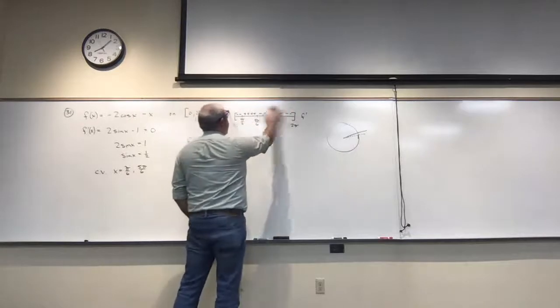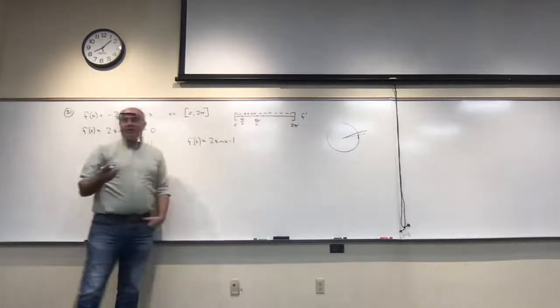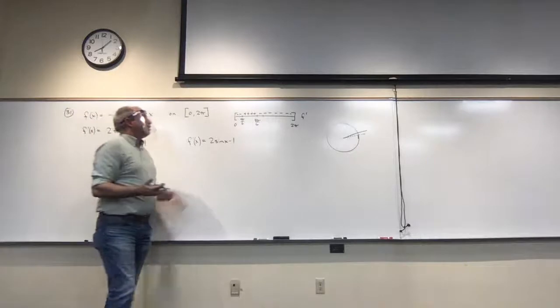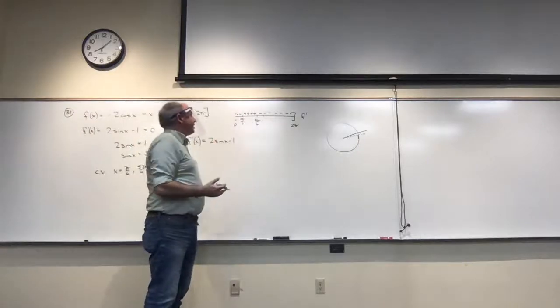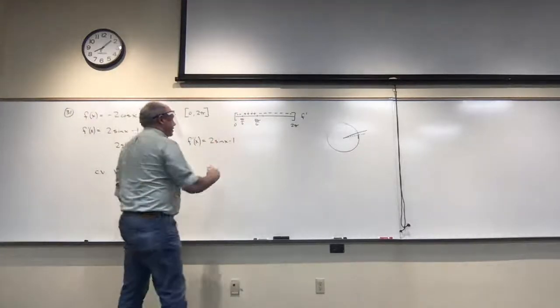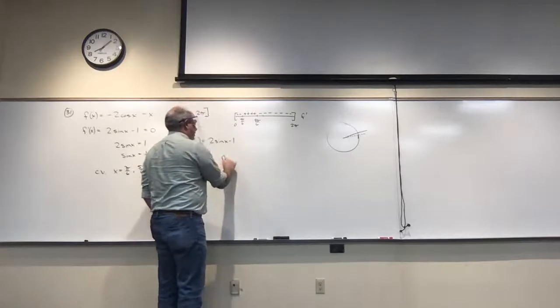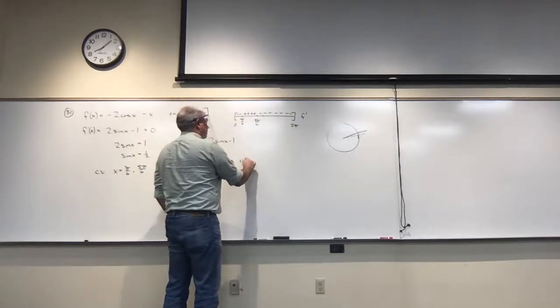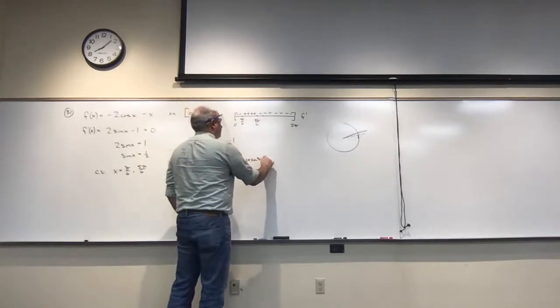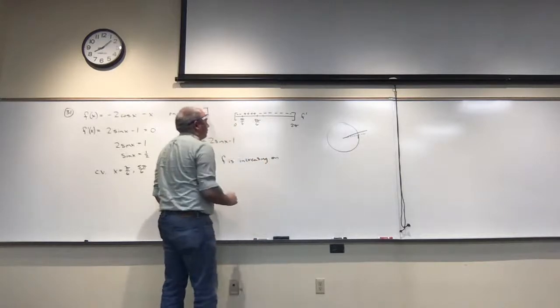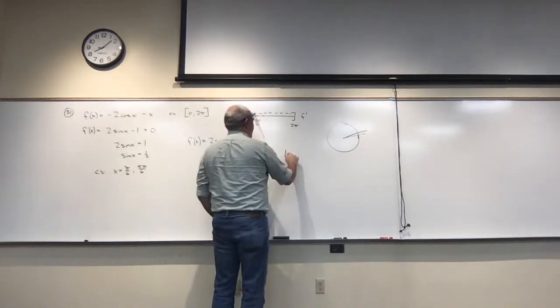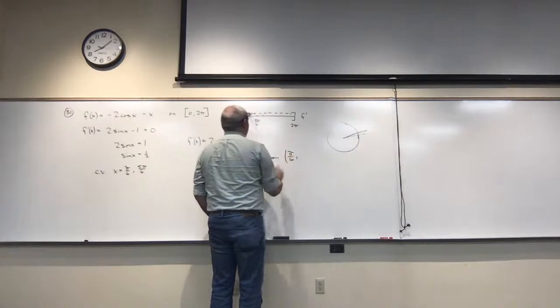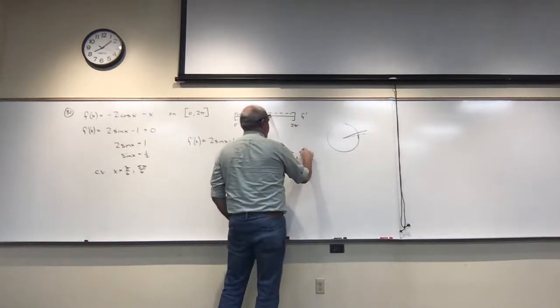Okay, so now we have our chart, and now we're ready to write down our answer. Anywhere where it's positive, we're increasing. Anywhere where it's negative, we're decreasing. So we could say F is increasing on the interval from pi over 6 up to 5 pi over 6.